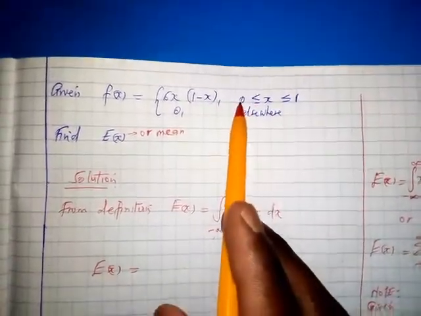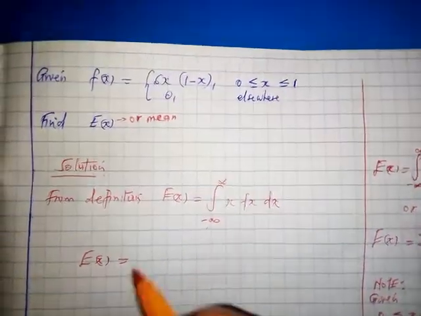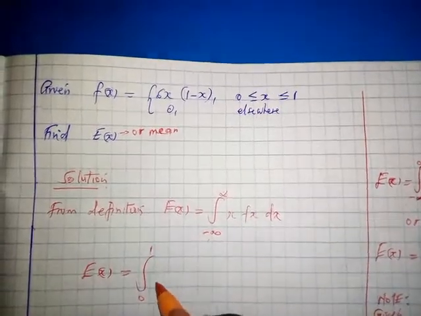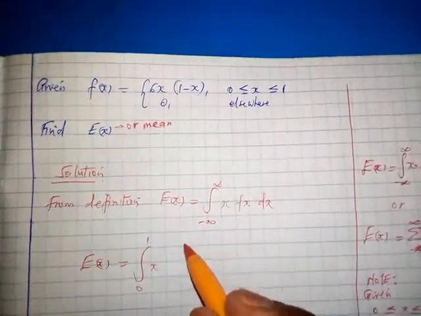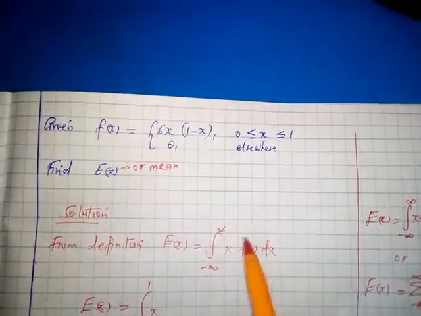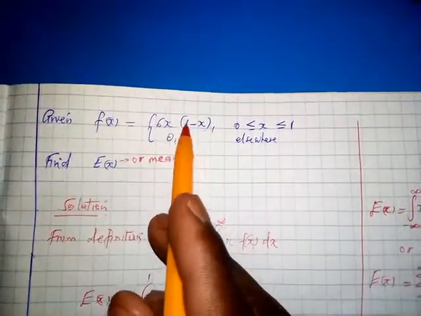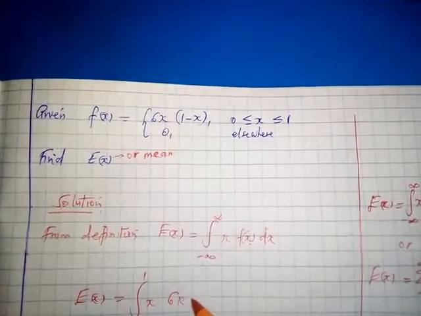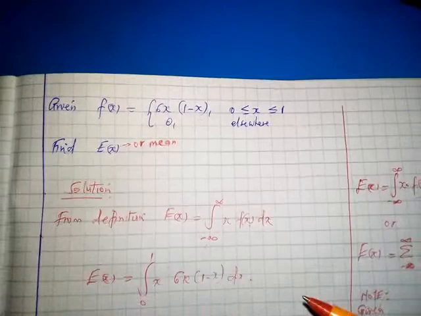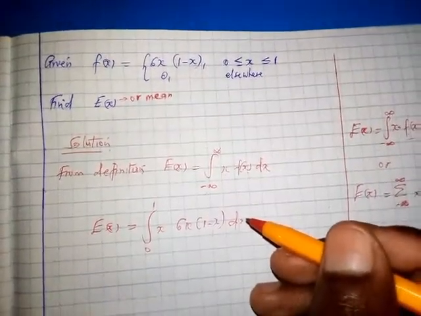So our smallest value is 0, and our largest value is 1. So it's the integral from 0 to 1 of x times our f(x), which is 6x(1 minus x), dx.